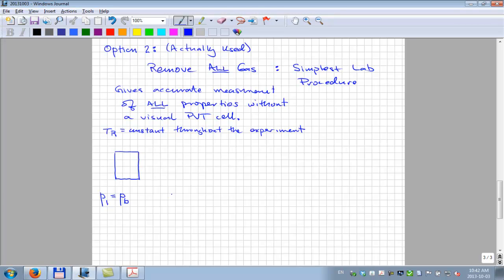Okay, we go to the second pressure, which is less than the first pressure, and the total volume in the cell gets bigger. The oil volume will always shrink.